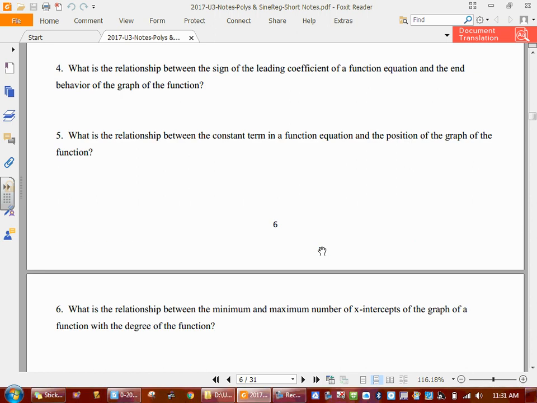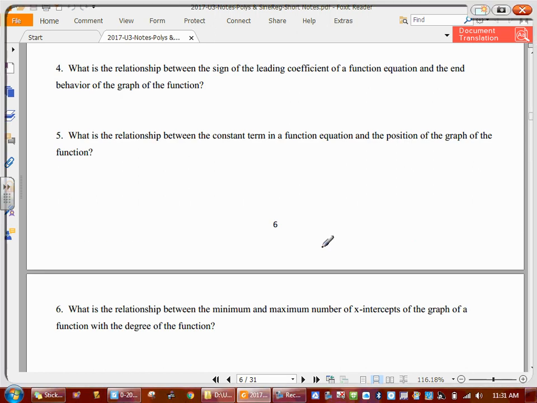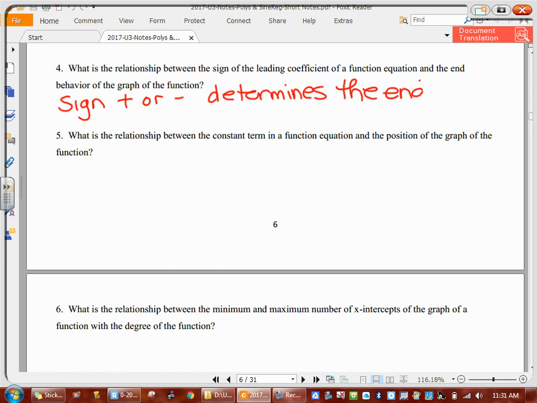So the sign, being positive or negative, determines where your graph will start and end. It determines the end behavior, because positive is going to go 3 to 1, negative will go 2 to 4.